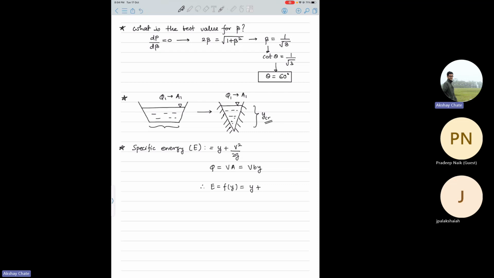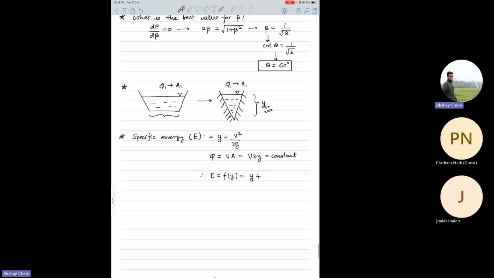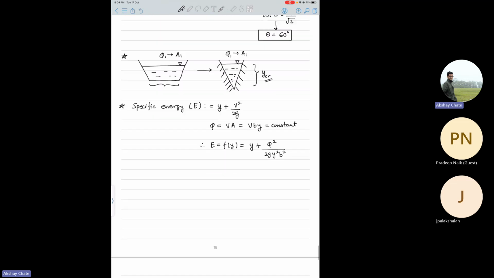They assume Q as constant, so the flow rate is not changing with respect to dimensions and time. Then what you end up getting is something like Q squared by 2g y squared b squared, and they replace this Q squared by b squared term as some flux, a volume flow rate flux type of thing.